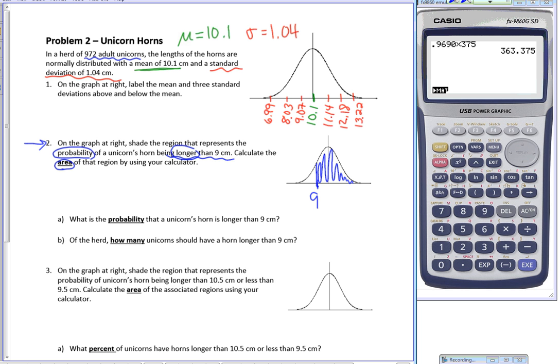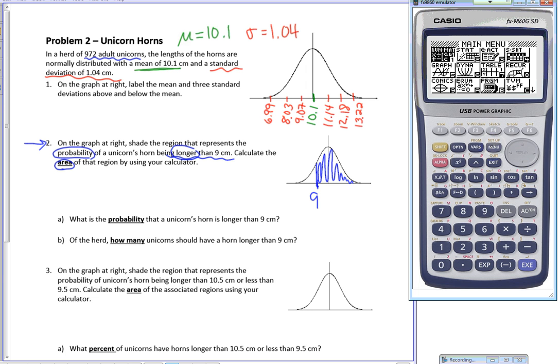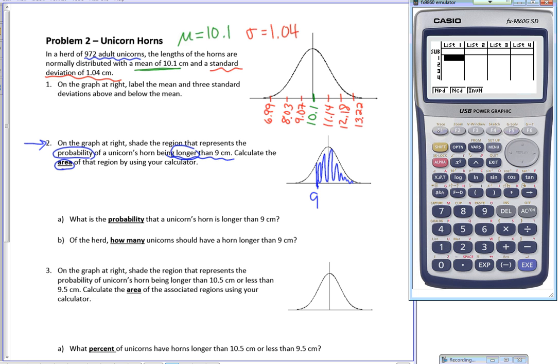Okay. So in my calculator, I go in the stat menu if I'm on my Casio. And then I went to F5 for distribution, F1 for normal, and I hit NCD. I have to do the cumulative one because it's a whole shaded area.